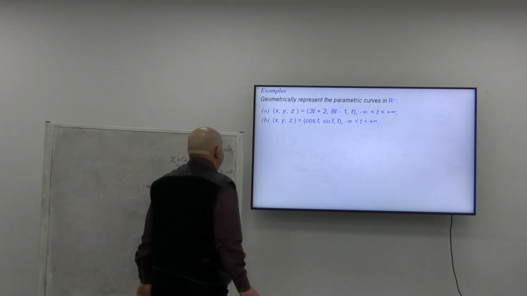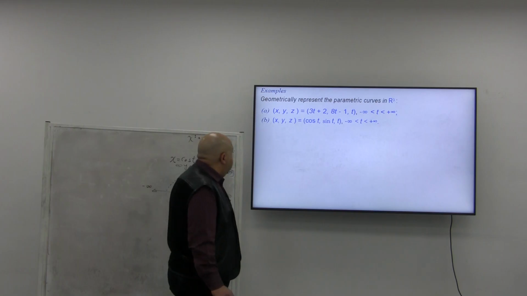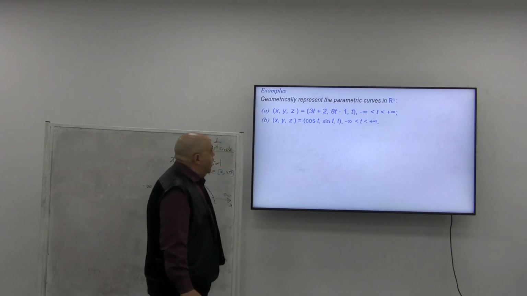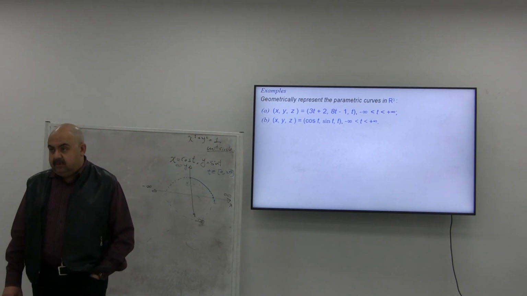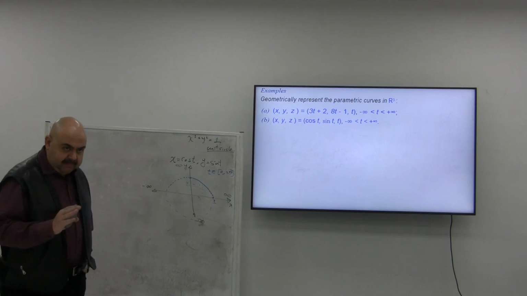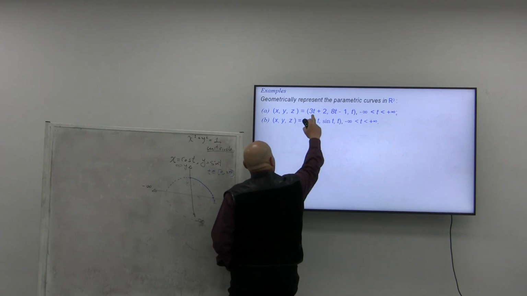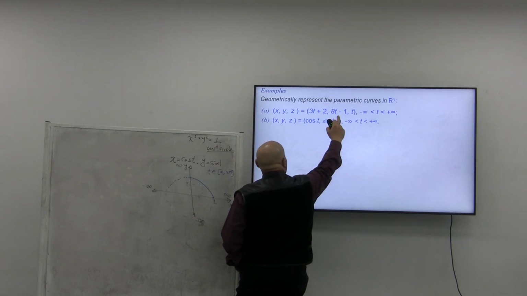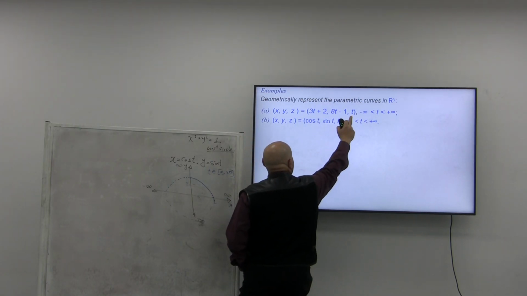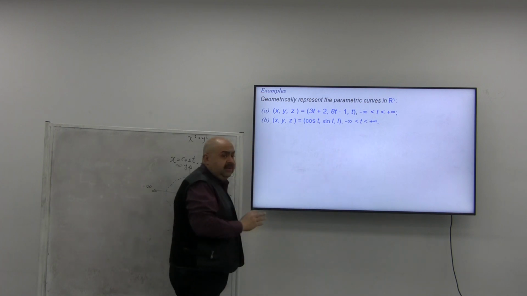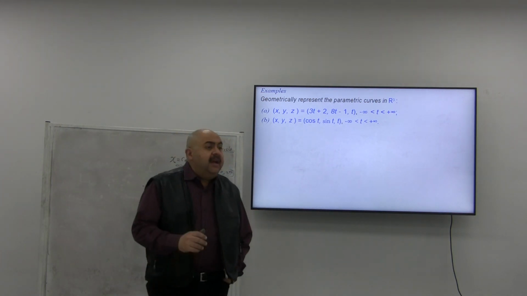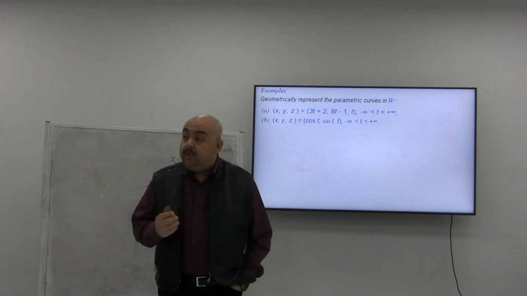Okay, perfect. For these cases, now I'm going to talk about three dimensions. If you look at the first problem, which is x, y, and z equal to 3t plus 2, 8t minus 1, and t, where t runs from negative infinity to positive infinity, any ideas about this equation?